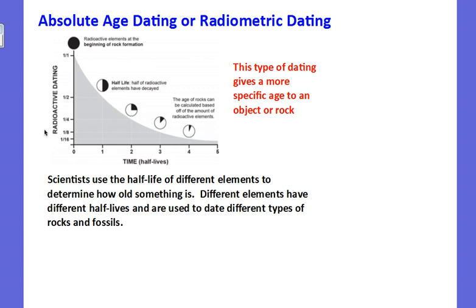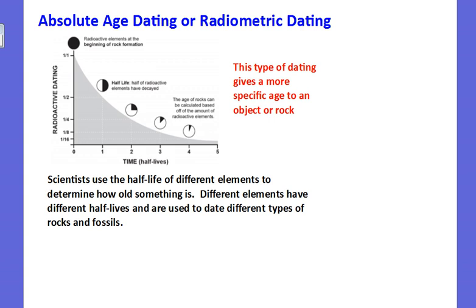So they're able to look at how much of the original radioactive element is left and compare that to how much is left now, and then that helps them determine how old the rock layers are. So they compare how much of the radioactive element is currently there versus how much it started with, and that helps them determine how many half-lives have gone by. So that can help them determine the age of that layer.